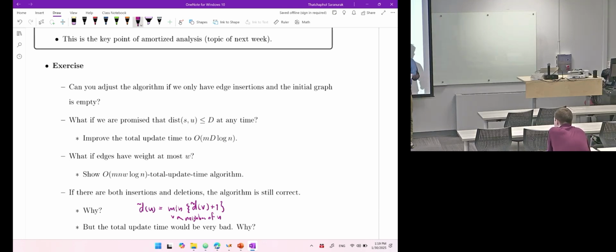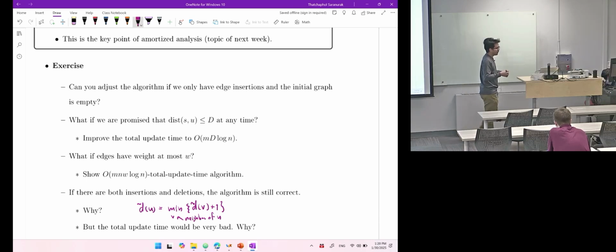Before we said that throughout the m deletions, every node can change its level at most n times. But now it can be the case that just one deletion makes every node increase its level all the way, or another insertion makes every node decrease its level all the way. So that's a lot of time.